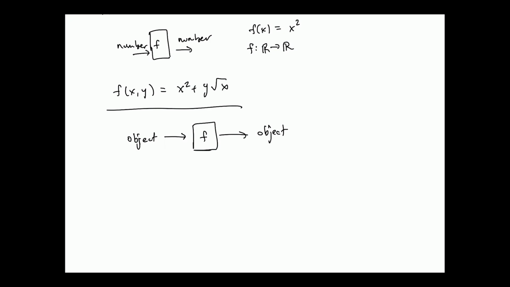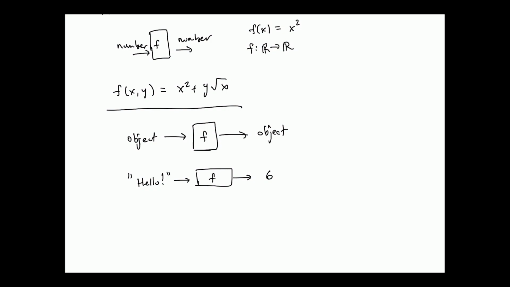So maybe a good example would be something like, let's say that I specified something like this, where I have some function and I stick in a bit of text and it outputs a number. Well, that's more general than the functions that you've dealt with, at least in the math classes y'all have been in.